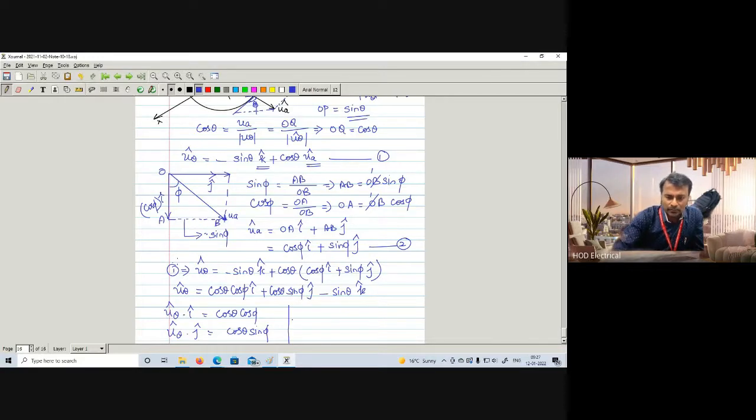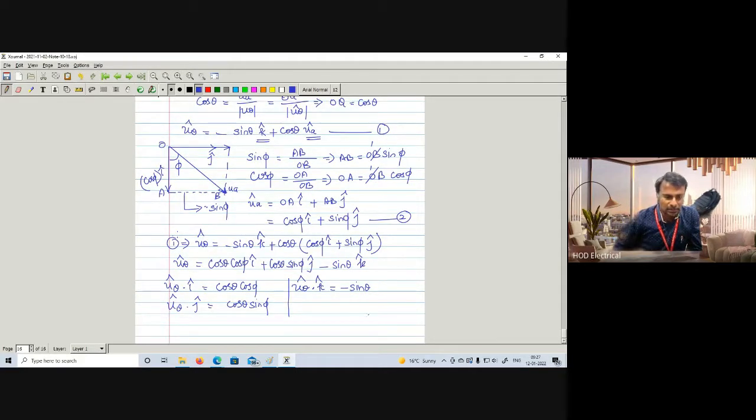Then u theta dot k gap equals minus sine theta. So from this we can conclude, we have now converted all the variables of theta unit vectors to the Cartesian coordinate system, projection of u theta on x-axis, y-axis, z-axis.